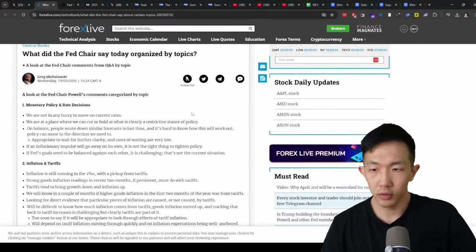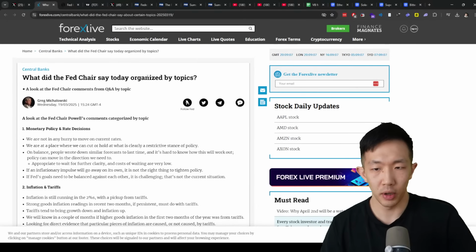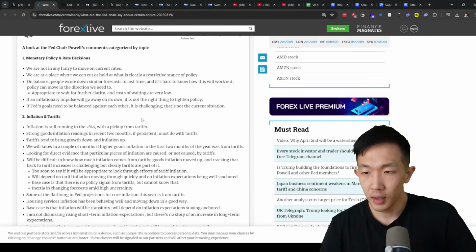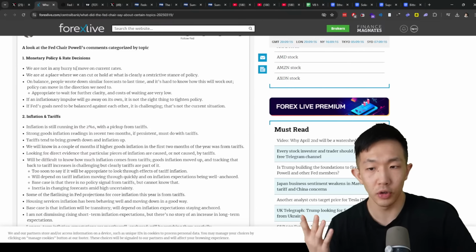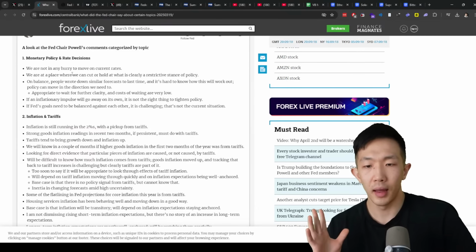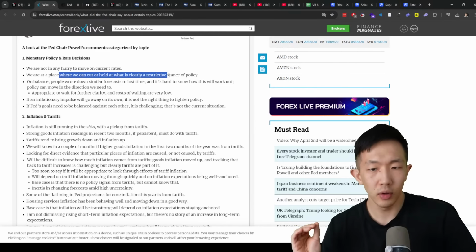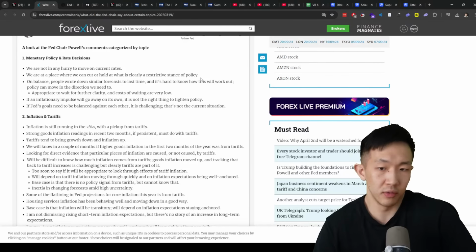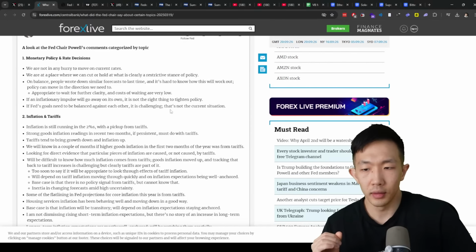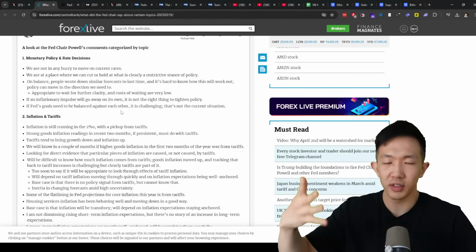Here are some of the key summaries. What did the Fed Chair Jerome Powell say today, organized by topics? And here is what he said about rates, rate cuts. We're not in any hurry to move on current rates, and they can choose to cut or they can keep a relatively restrictive stance, and they're going to basically go meeting by meeting.